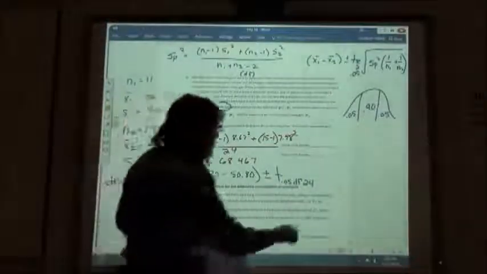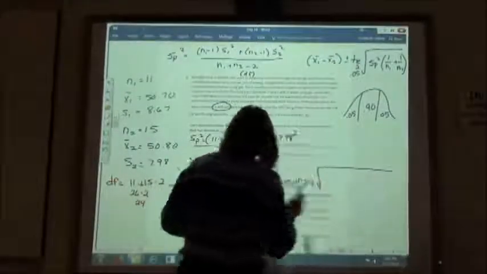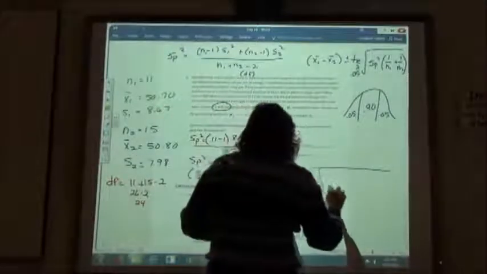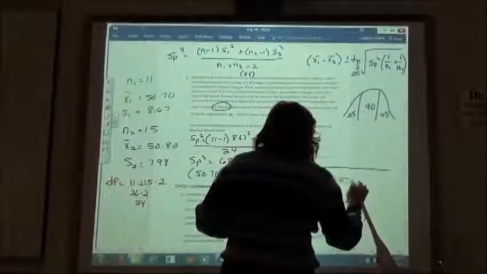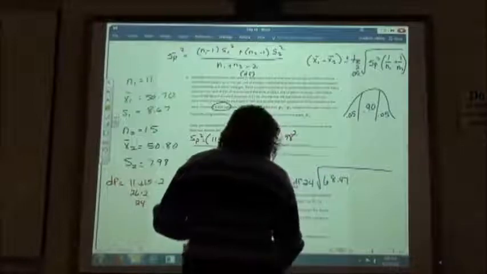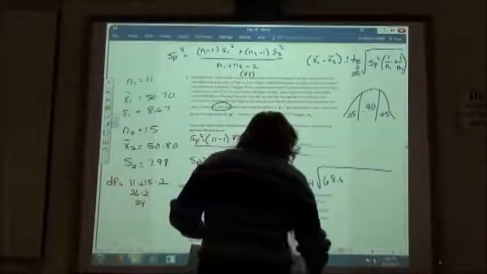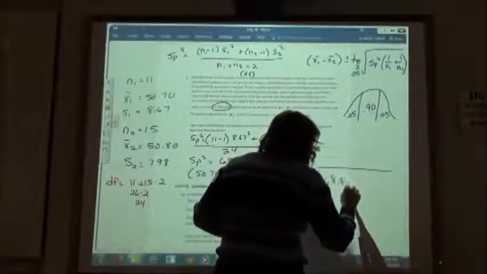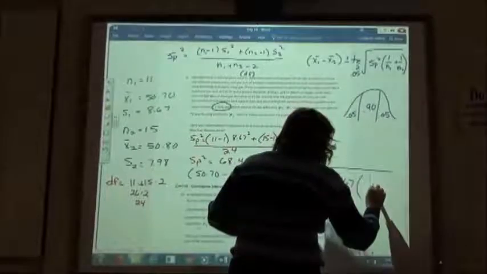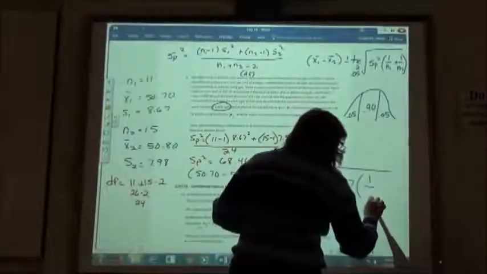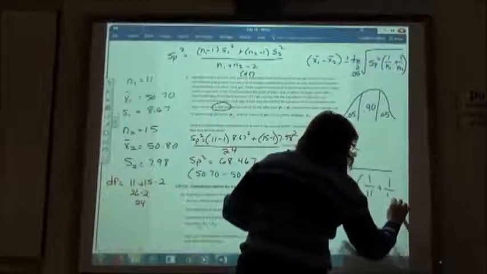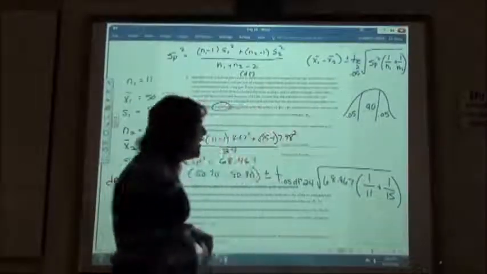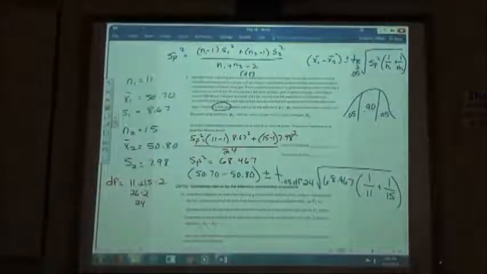And then we're going to have the square root of that number we just found, 68.467, times 1 over n1, which is 11, plus 1 over n2, which is 15, and that's the formula that I'm going to type in to find my confidence interval.